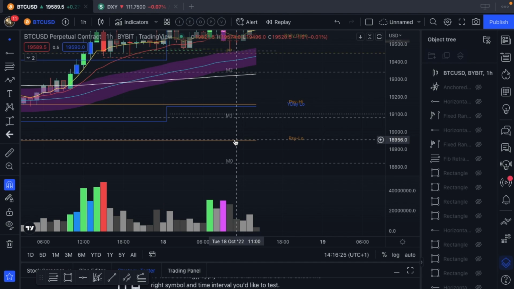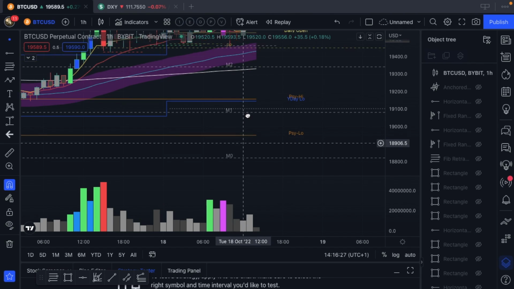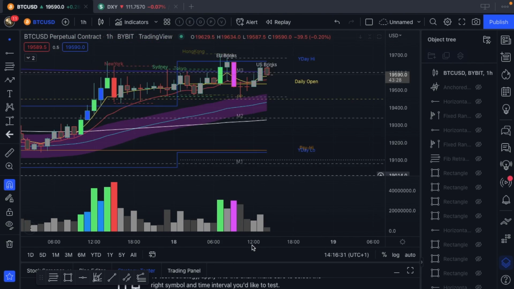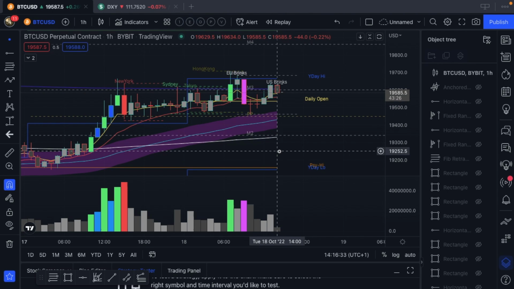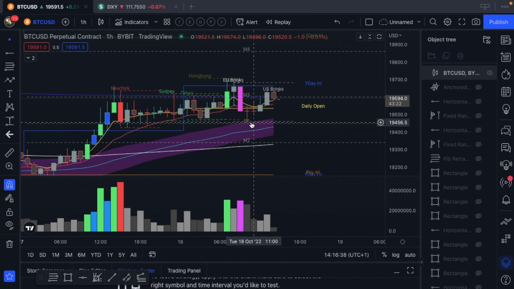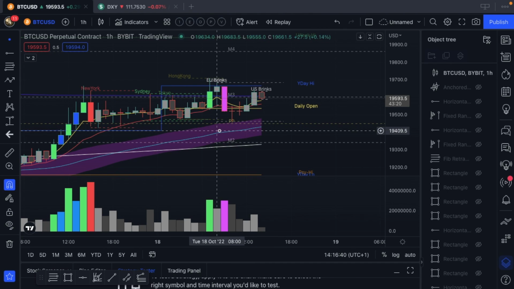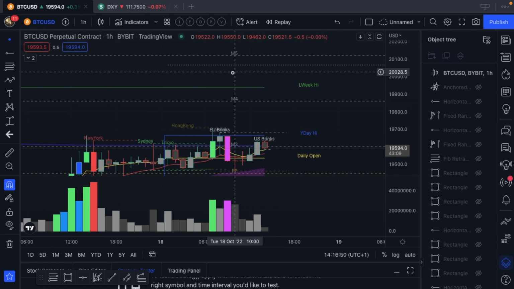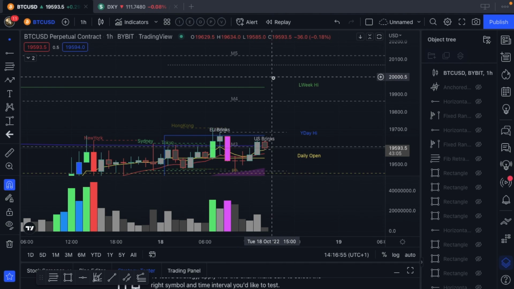And M0 is the median of support 2 and support 3. Conversely, to the upside, we are looking at the exact same thing. So here's the PP line, your pivot line. Your M3 is the median between the pivot and resistance 1. M4 would be between resistance 1 and resistance 2, and M5 obviously between resistance 2 and resistance 3.